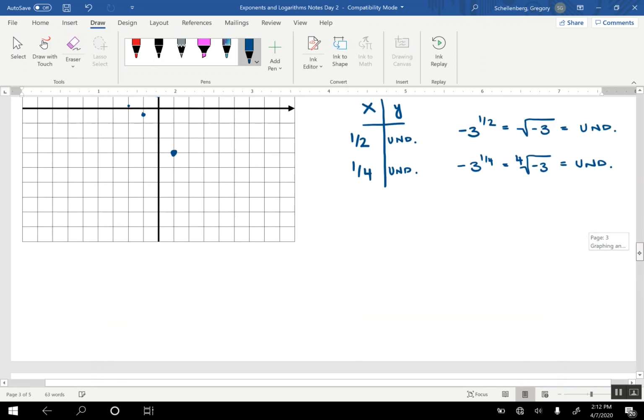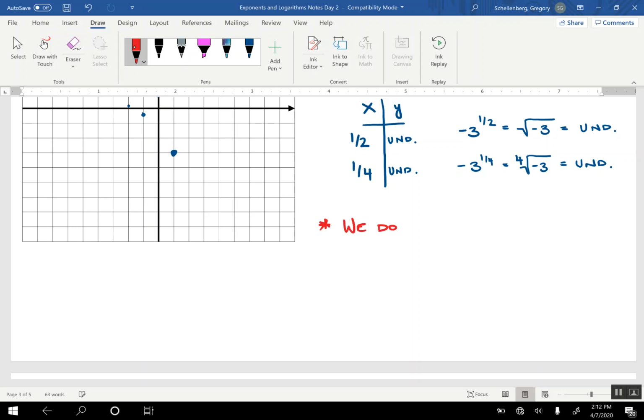And so the whole point here is we have a restriction on bases. We do not use negative bases because, as we're starting to see, they are undefined in an infinite number of places. Okay, so just write a little note to ourselves here.